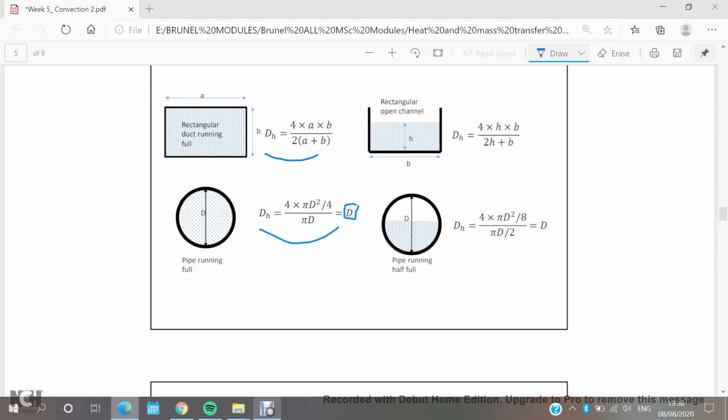What if I have an open channel cross-section, or a half full pipe as shown in this figure?